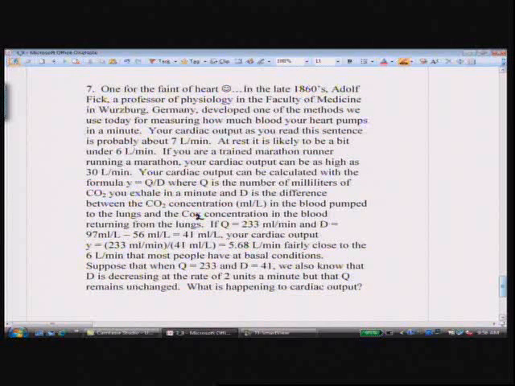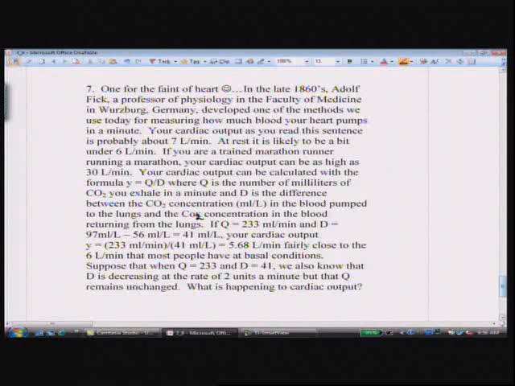Your cardiac output can be calculated with the formula Y equals Q over D, where Q is the number of milliliters of CO2 you exhale in a minute, and D is the difference between the CO2 concentration, which is measured in something per liter, in the blood pumped to the lungs, and the CO2 concentration in the blood returning from the lungs.